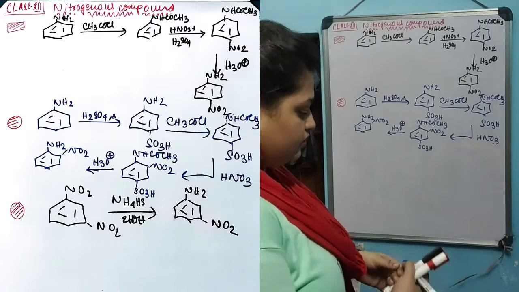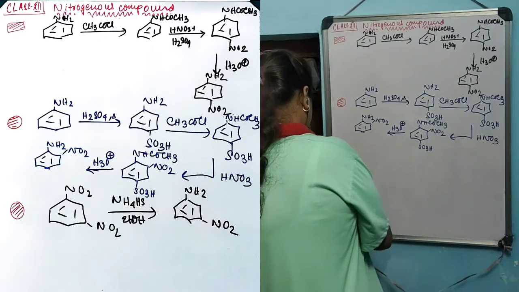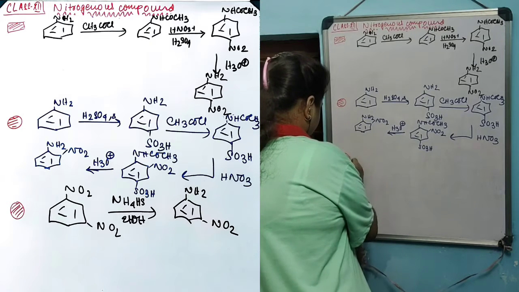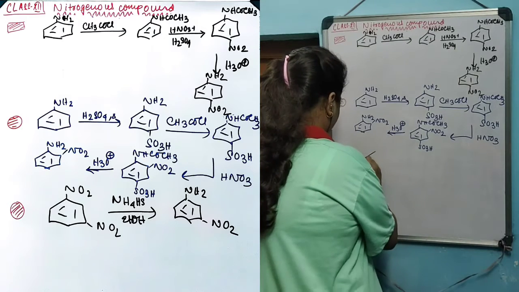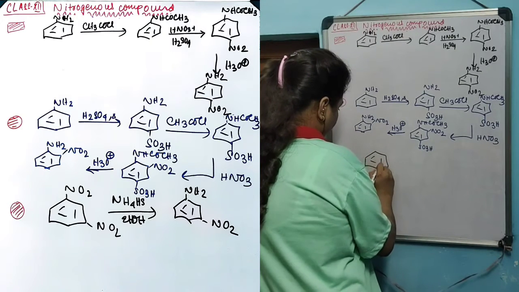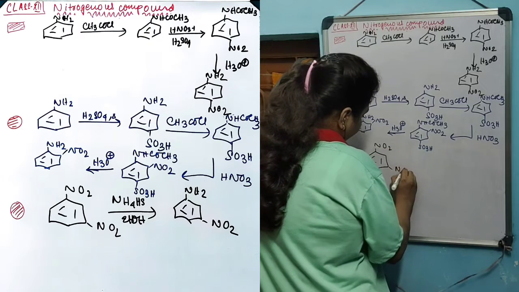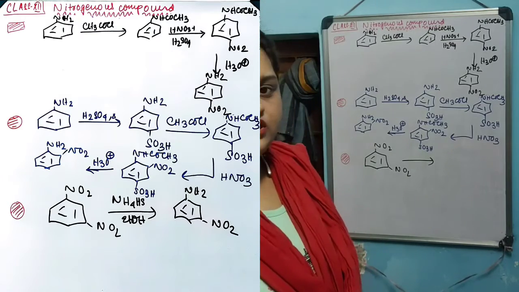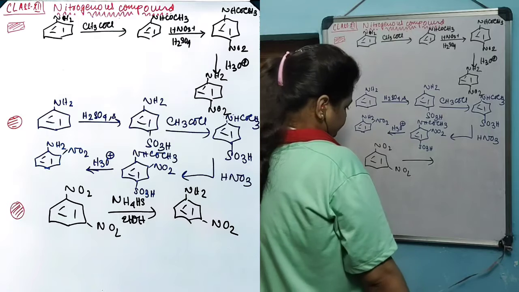Now there is another way to produce meta-substituted nitro compounds also. We have already studied how to produce meta-dinitrobenzene.